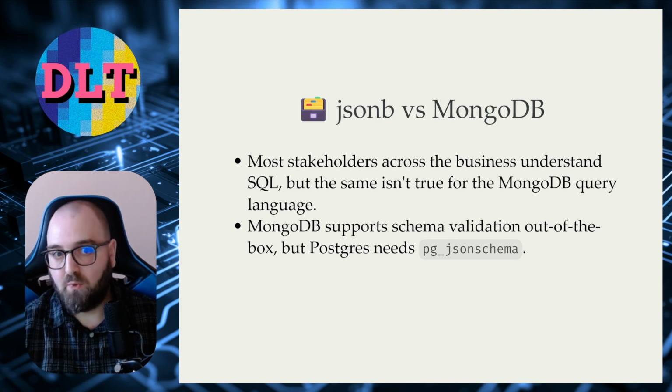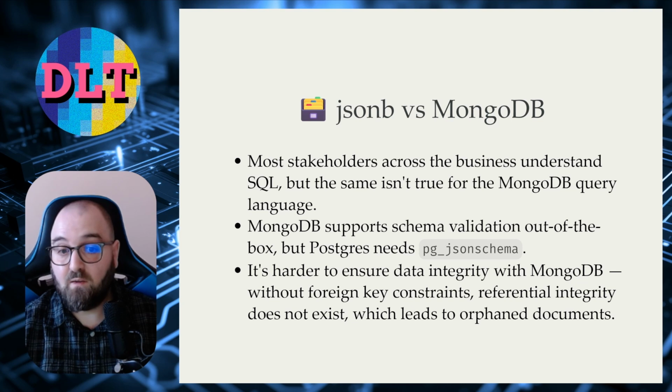Both do support it, so it's just a matter of wanting to install this extra extension or not. And it's harder to ensure data integrity with MongoDB without foreign key constraints, which you have on Postgres and relational databases in general. Your referential integrity does not exist, which leads to orphan documents.